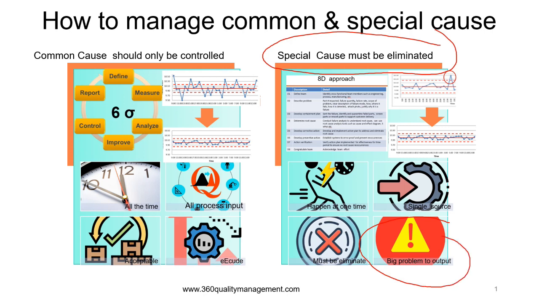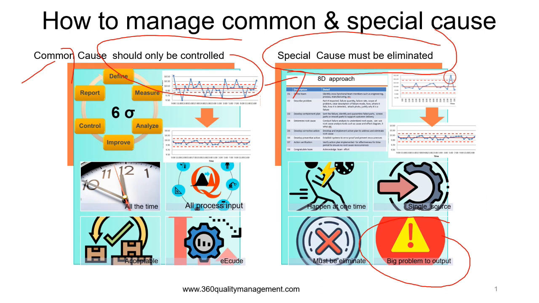They can be eliminated through the systematic approach of 8-discipline problem solving, which starts from describing and analyzing the problem, identifying its root cause, establishing an action plan to eliminate the root cause, and preventive action to prevent the problem from occurring. A common cause problem cannot be eliminated under normal circumstances and should only be controlled, as it is part of nature.